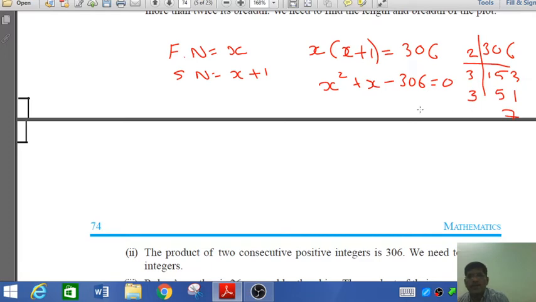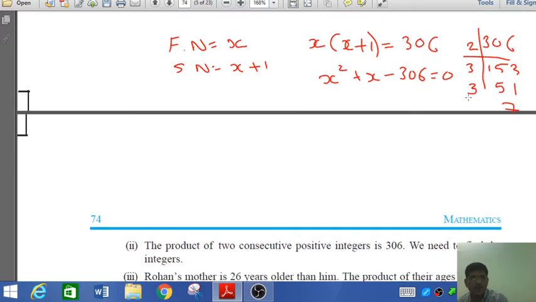We have to make a difference of plus 1. So how is it possible to get plus 1? 18 and 17. The question is just to find the integers. Product of two consecutive positive integers. So x square plus x minus 306. Again here is a mistake. Here we have to write 2.